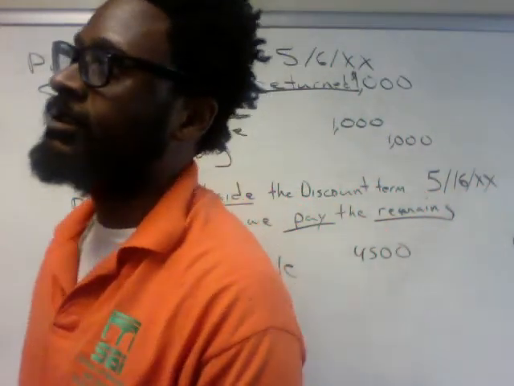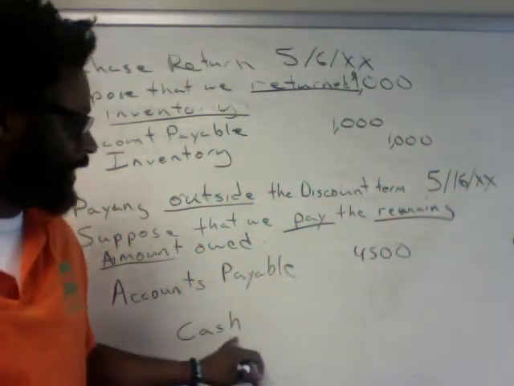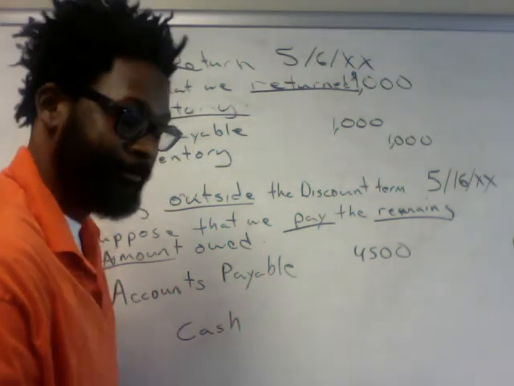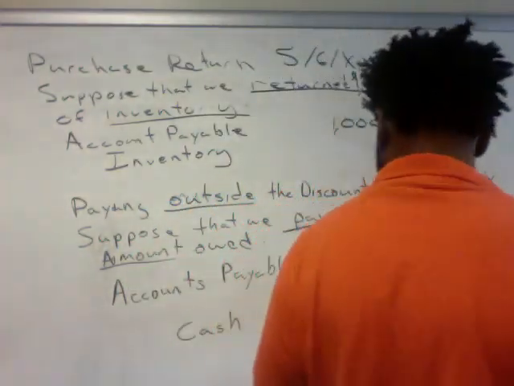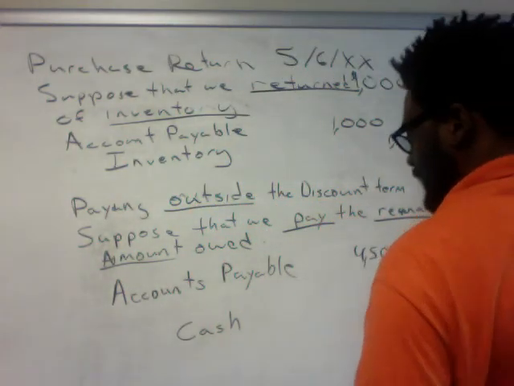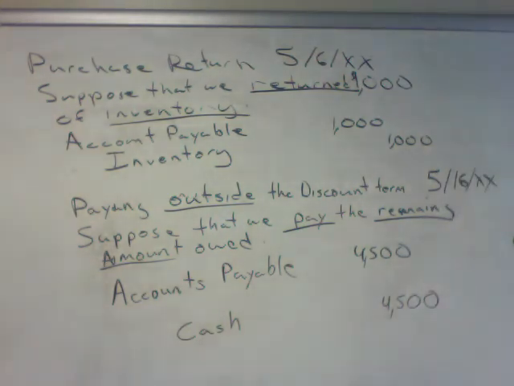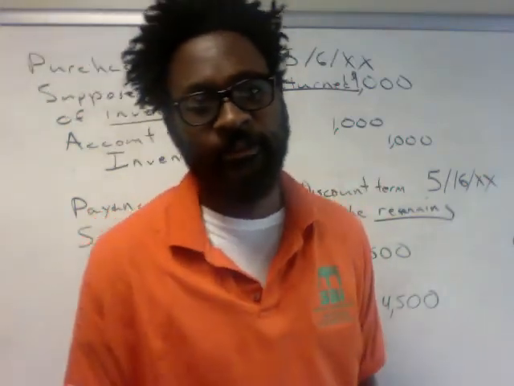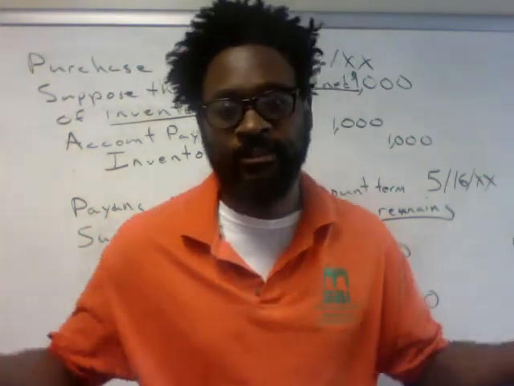We are way out of the discount terms. Therefore, how much cash do I truly have to pay these guys since I won't be receiving a discount? $4,500. Absolutely. And so we won't have to credit or adjust inventory because it costs us the same. I will repeat that again. We will not have to credit or adjust inventory because it costs us the same.